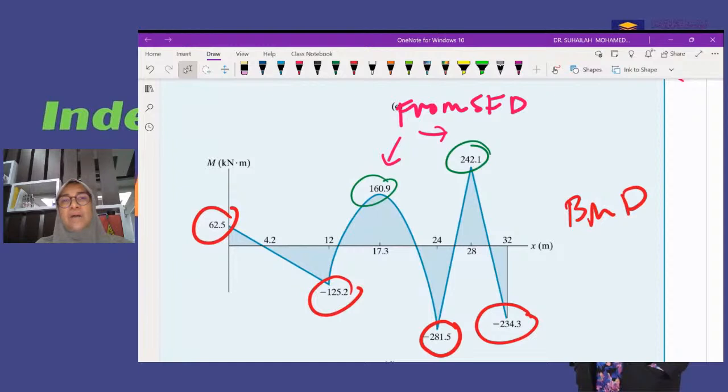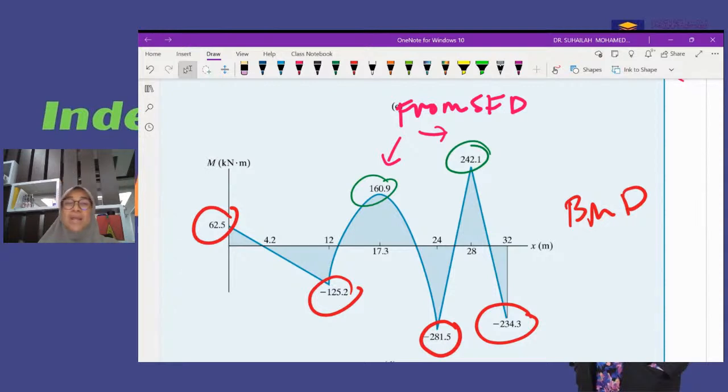So I think that's all for this introduction session for the moment distribution method. For the whole topic, this is how we analyze beams using the moment distribution method. Of course, there are many more things that we need to consider.